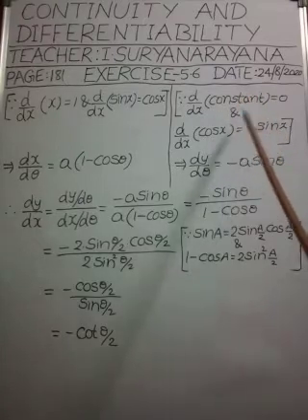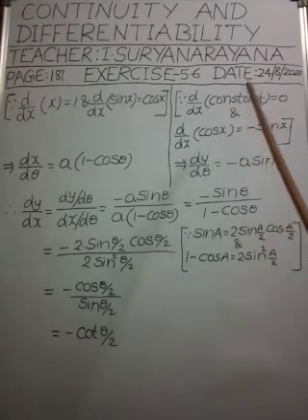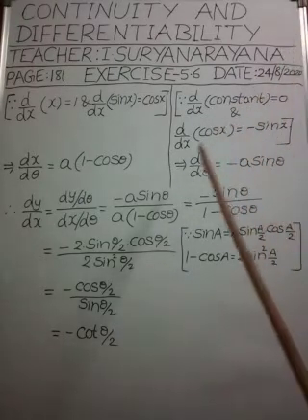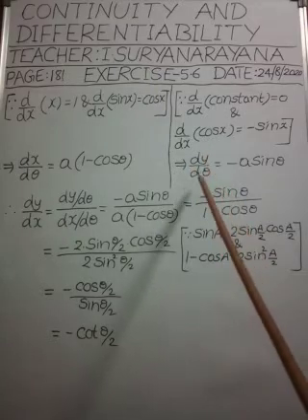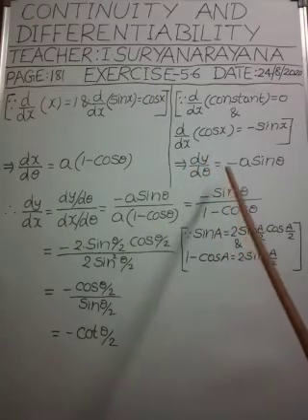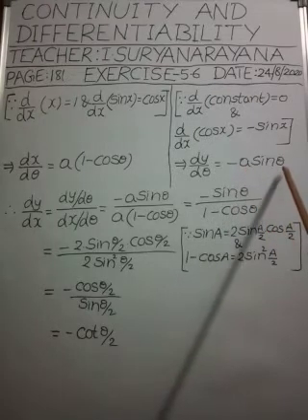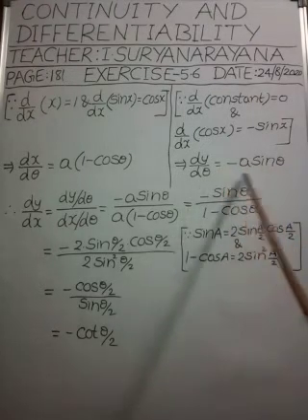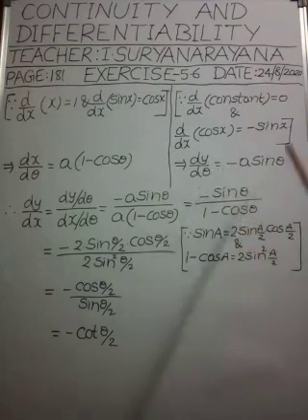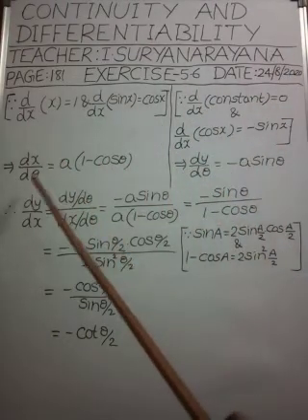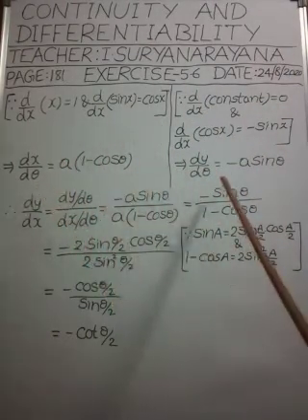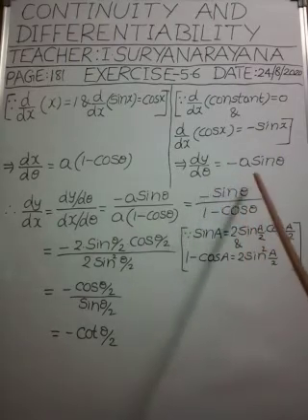We used these two formulas in this step. Okay, my children? Right. This implies dy by d theta is equal to, if you simplify RHS, we get minus a sin theta. Understood this step, my children?